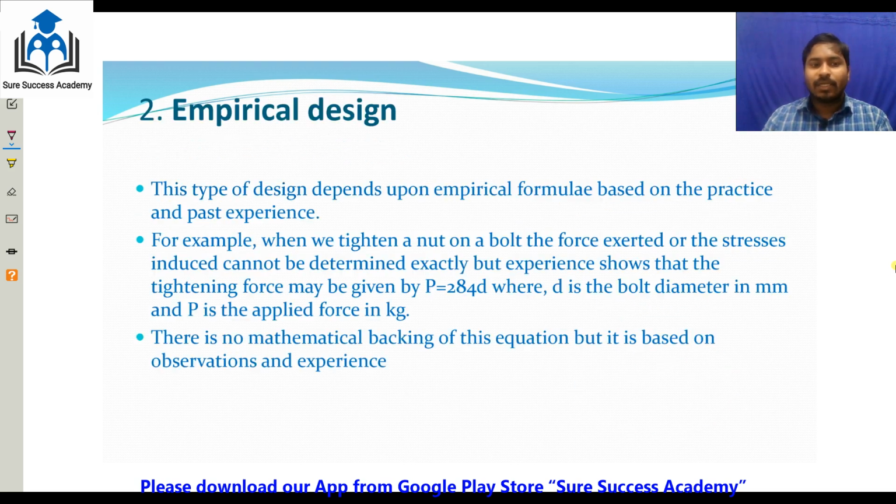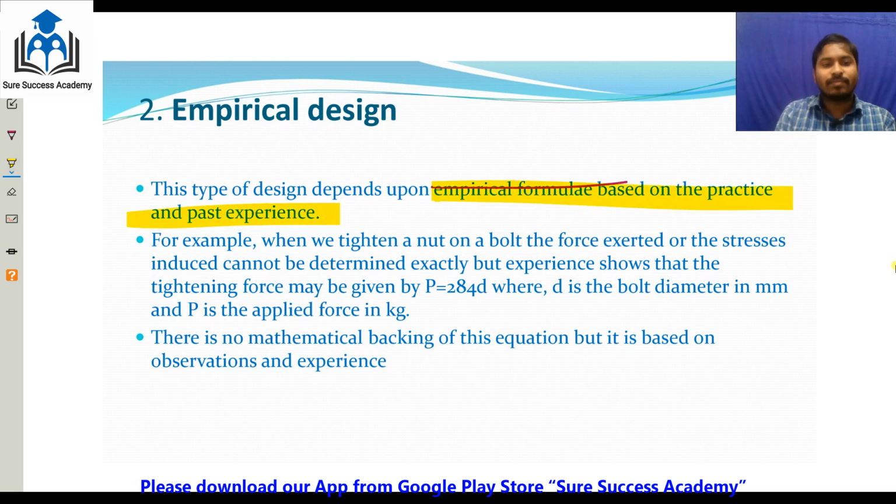Next is empirical design. This type of design depends upon empirical formulas based on practice and past experience. You cannot prove this one; the empirical formula is based on past experience.